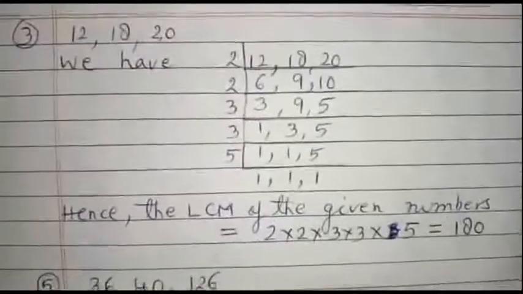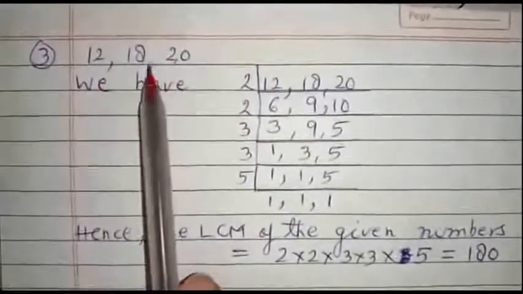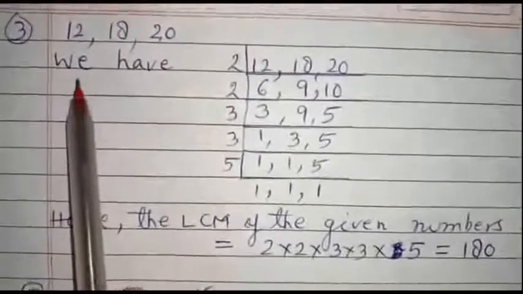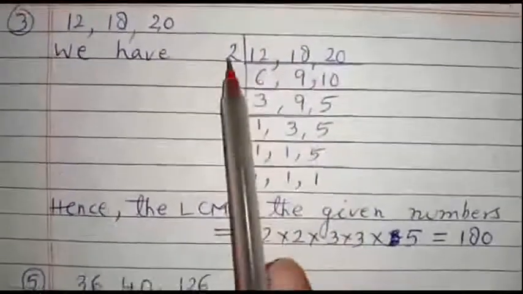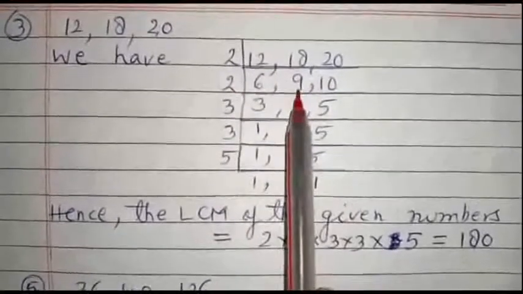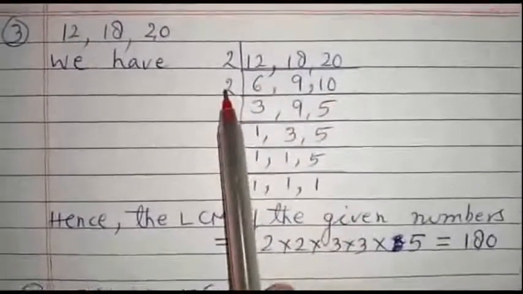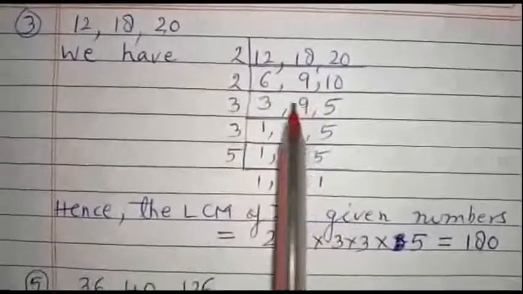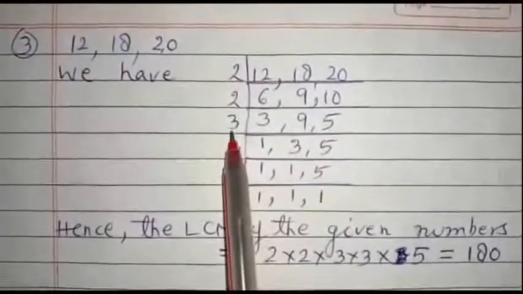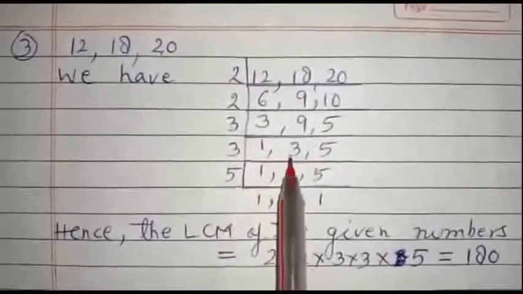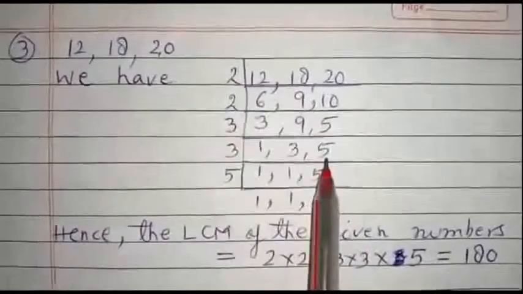Now we are moving to third, 12, 18, 20. We will solve these questions by division method. 12, 18, 20 divided by 2 we will get 6, 9, 10, divided by 2 we will get 3. 9 will not be divided by 2, so we will write 9 as it is, and 5. Now we will divide it by 3. 1, 3, 5. 5 is not divided by 3, so we write 5.